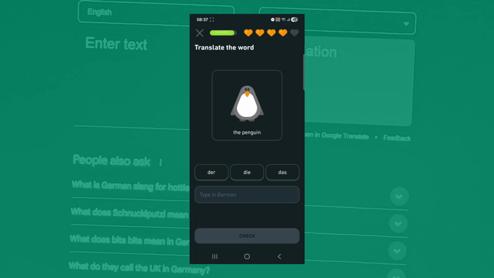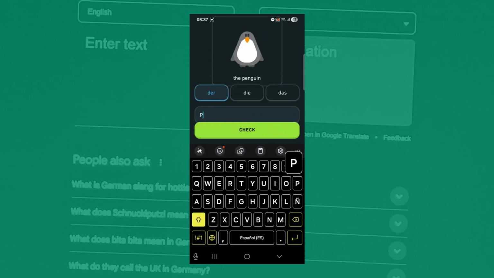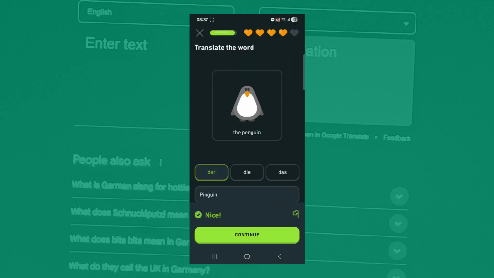I think we have had penguin before, but I have no idea whether it's male, female, or whatever. It's probably male, but yeah, there. Why are we talking about penguins? On a thing about families.